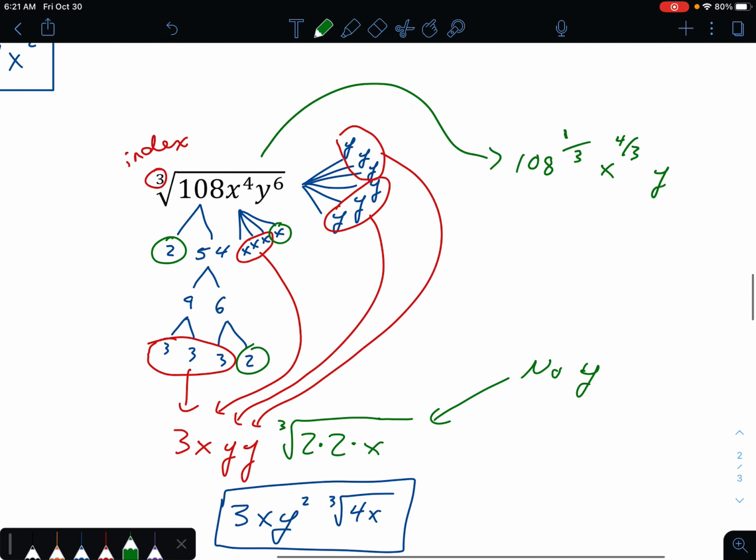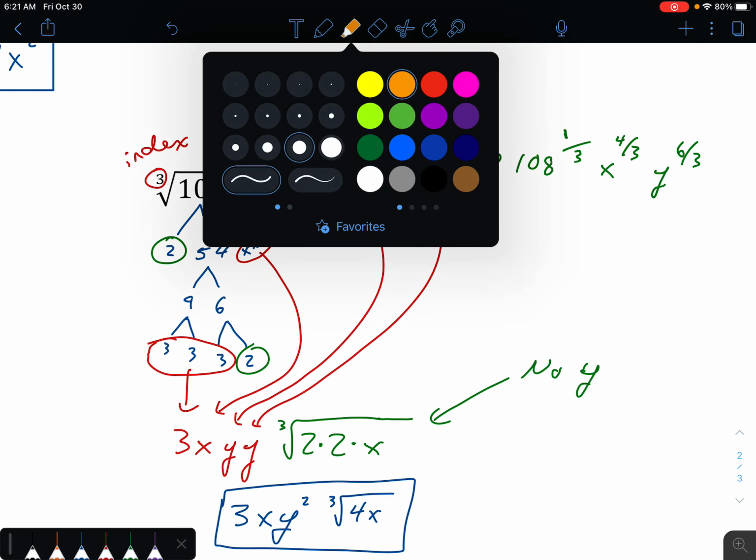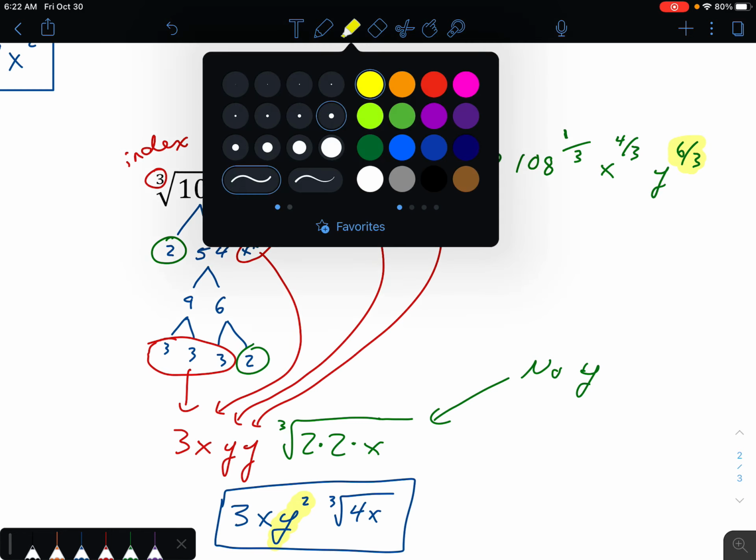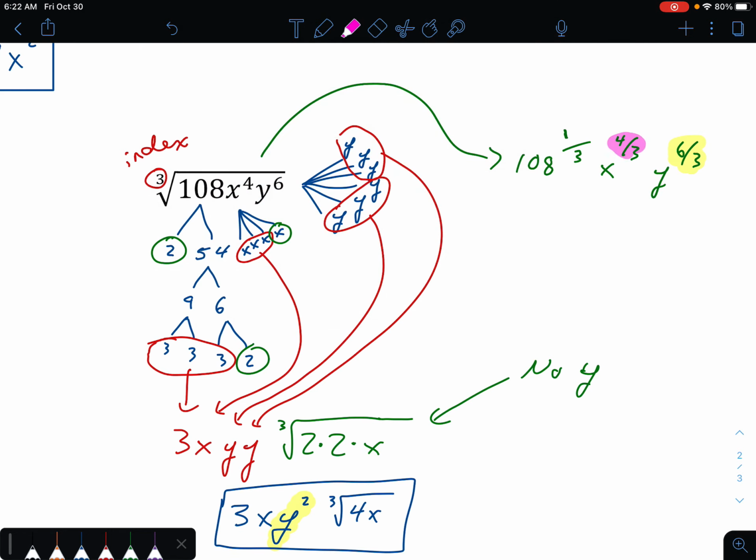My y to the 6th is inside a radical with an index of 3. And just as we saw in class, this 6 over 3, there's my squared. So it seems to make some sense. Maybe you're starting to piece together why. What's my shortcut here? 4 over 3 for my x's, I get 1 of them coming out and 1 staying in, or an x to the first out, and then a leftover x in. Maybe we can start to piece together what that means next week, or maybe you can come up with it.